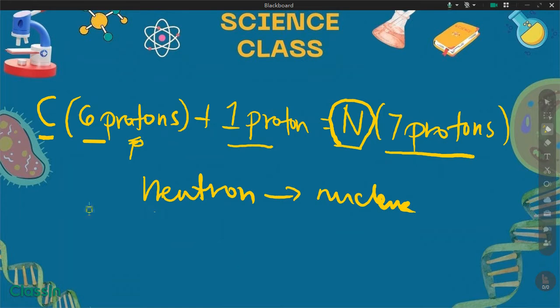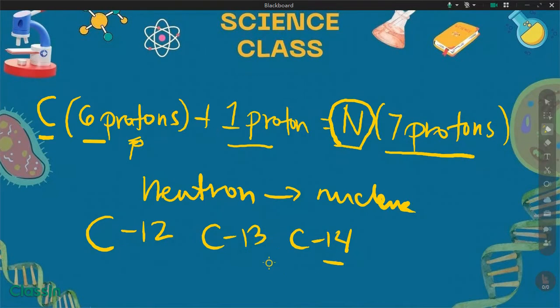And the most common isotope of carbon has a mass number of 12, and it can be written as C12. Two other isotopes are carbon C13 and C14. Okay, so despite their different mass numbers, all three carbon isotopes react the same way chemically.